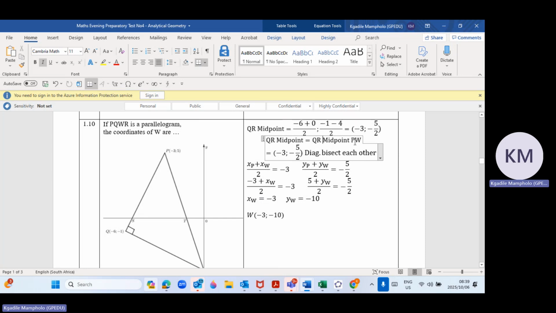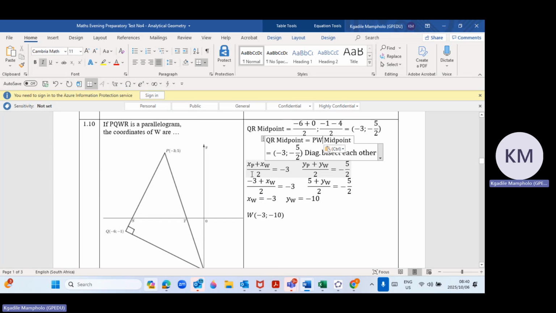The midpoint of QR is equal to the midpoint of PW, which is the same as minus 3, minus 5 over 2. Your reason is that diagonals bisect each other.